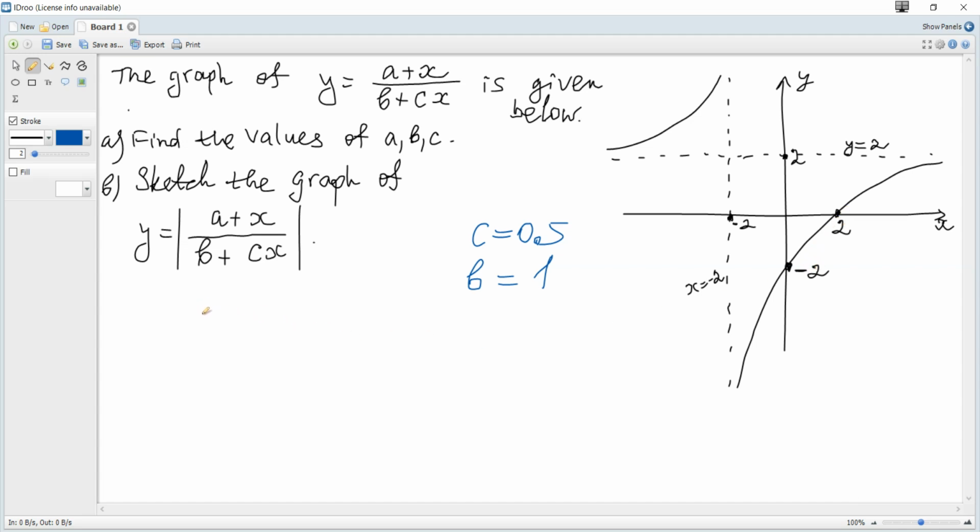For example, if we consider the y-intercept, it's (0, -2), and we can just substitute 0 and -2 to get -2 is a over b, and b is 1, hence a is -2.